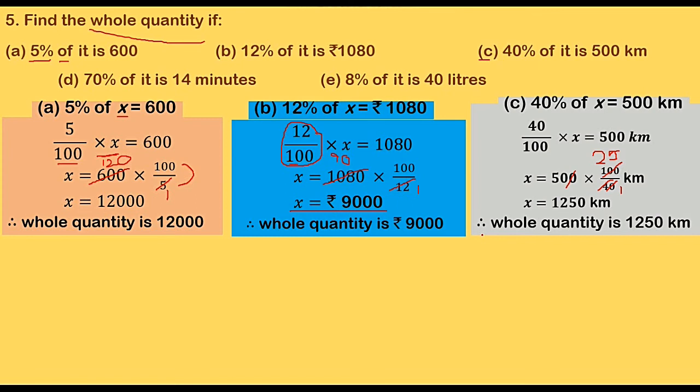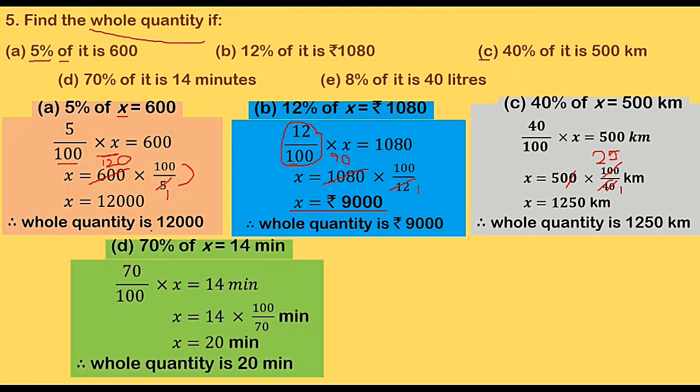Question number 5, D. 70% of it is 14 minutes. So 70% I'll write as 70 upon 100 multiplied by x, the variable I have taken, equals 14 minutes. Move this 70 upon 100 to the other side. Keep the x alone on one side.